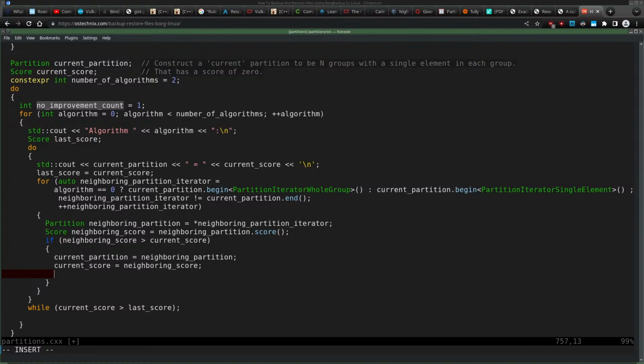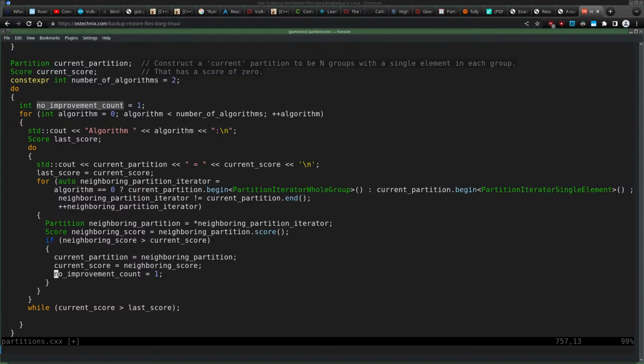See. In this case, we did improve it. So why have I set it to 1 here? Anticipating that we are going to continue running until we did not find an improvement anymore.